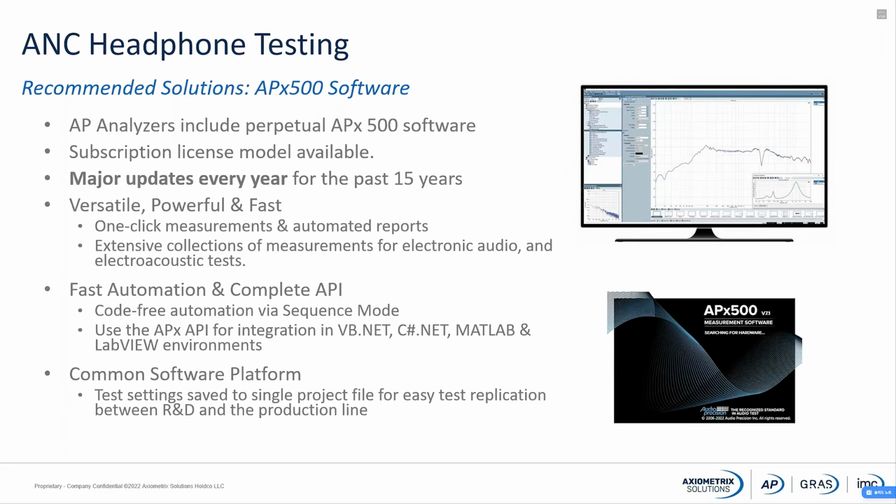And concerning updates, and this is something very important to mention, APX software gets major updates every year, and we've been doing that for the last 15 years. So every year, at least you get 1 major update and sometimes 1 or more minor updates between these major updates. So the software is constantly updating. We are constantly listening to your feedback and adding new features to the software.